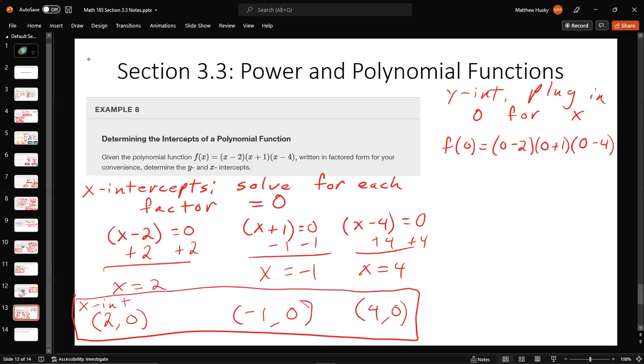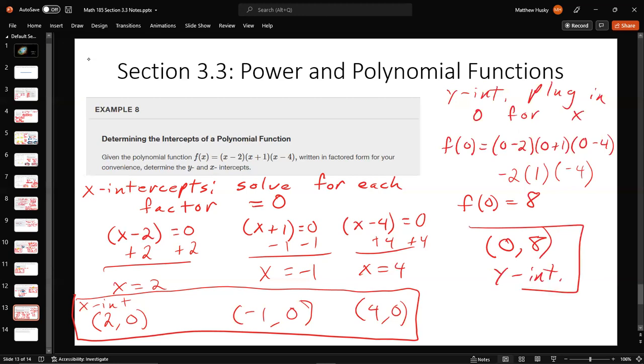You plug it in and you work it out. 0 minus 2 is the number negative 2. 0 plus 1 is 1. 0 minus 4 is negative 4. If you multiply those 3 numbers together, you will obtain 8. So f of 0 equals 8, meaning you have the point (0, 8). That is the y-intercept.